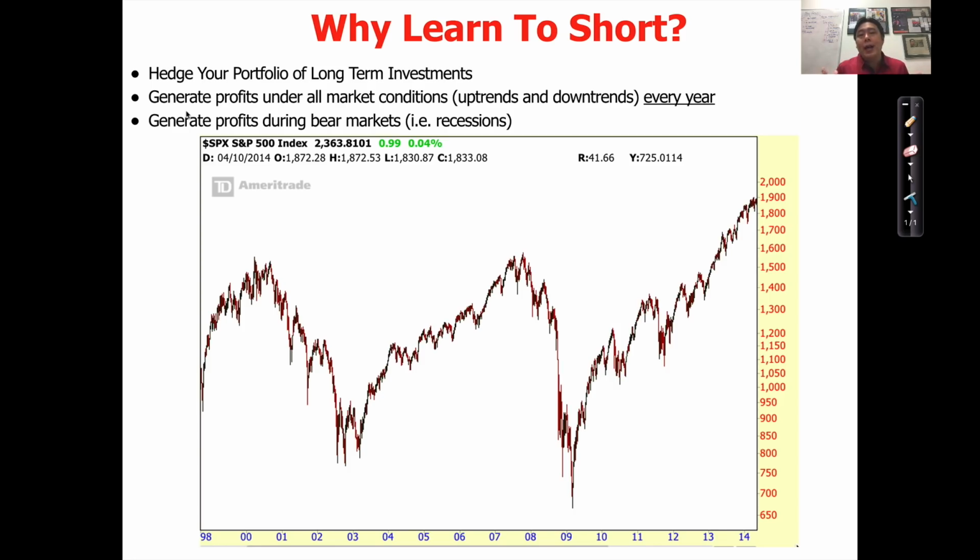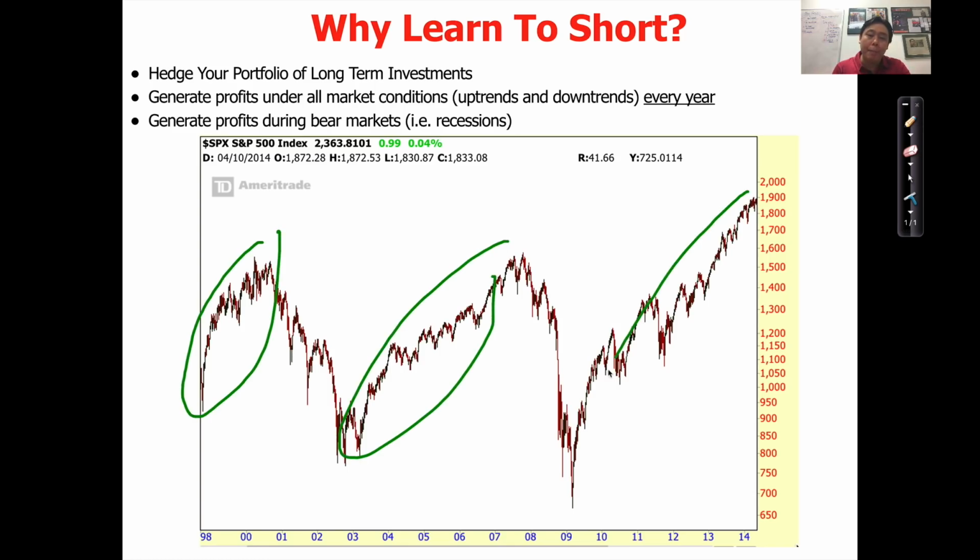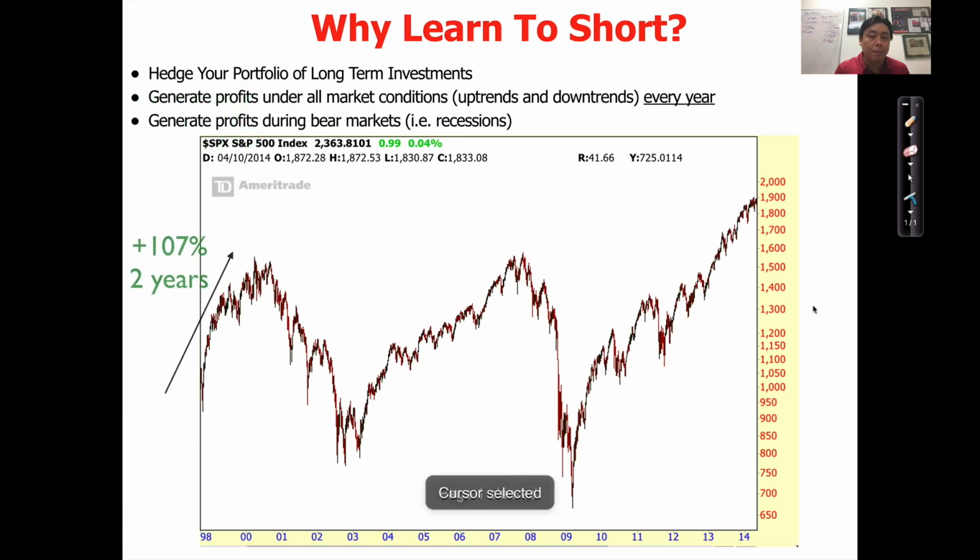So people say, Adam, how can I make money every single year? Now, if you can only make money when prices go up, you can't make money every year. You can only make money during, that's right, bull markets. But during bear markets, you will definitely lose money. But if you can short the market, you can make money in bear markets as well. Okay?